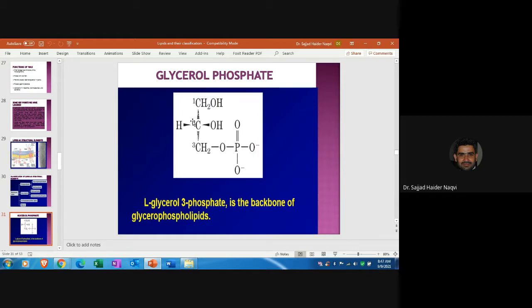So glycerol is a 3 carbon alcohol, and you can see that on one of the hydroxyl groups, we have a phosphate group attached here, and that is what we call the glycerol phosphate. Technically, the name of this molecule is L-glycerol 3-phosphate, because on carbon number 3, we have a phosphate group. Now, this molecule is the backbone of all glycerophospholipids.